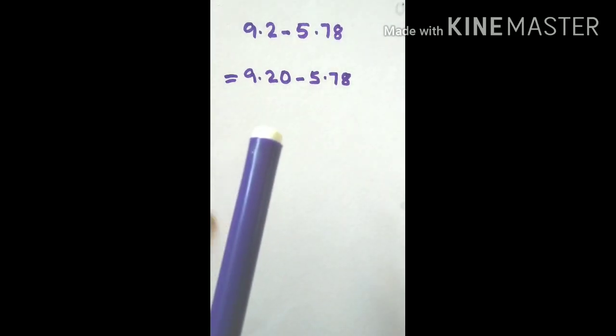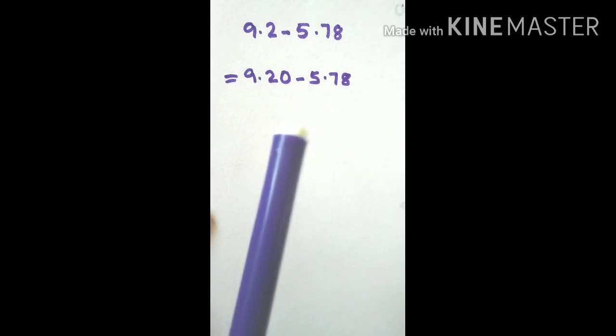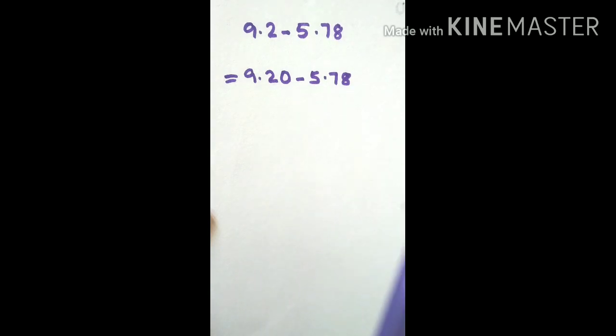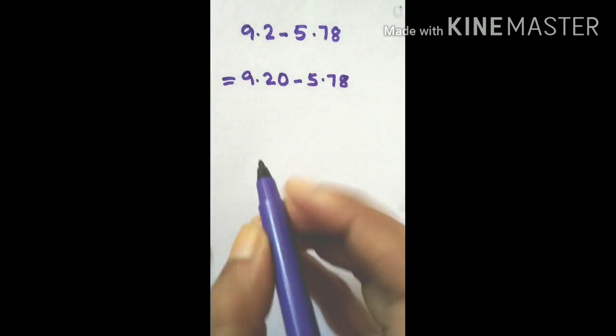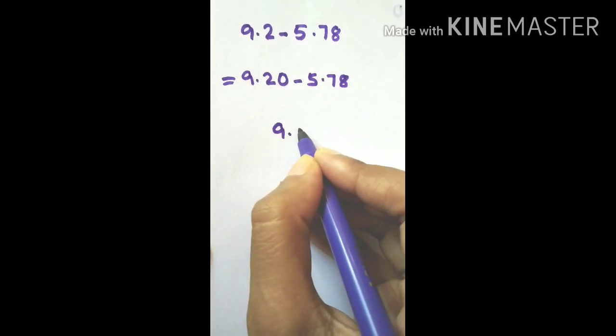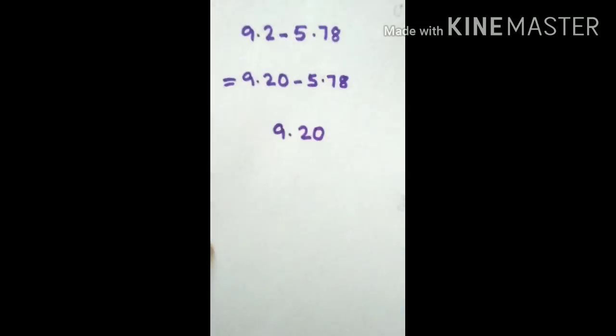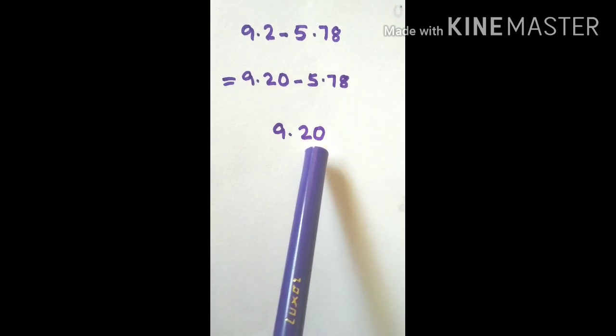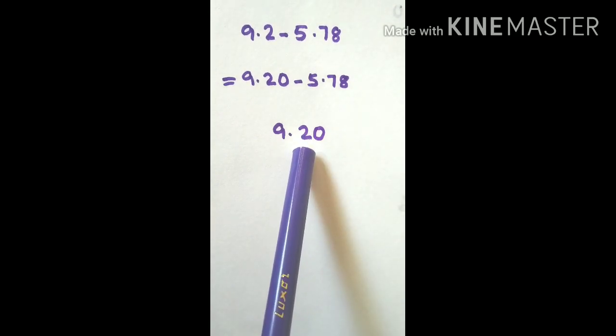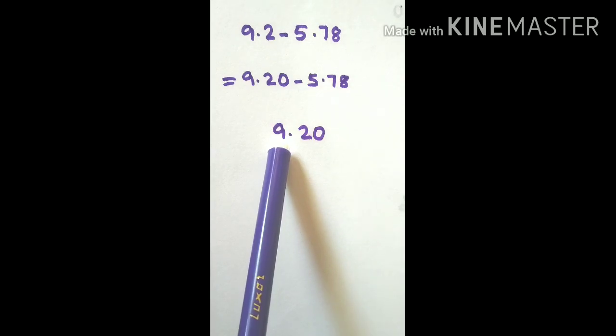So now they are like decimals and now we can subtract them easily. In order to subtract them, we will first write 9.20. In 9.20, 0 is in the hundredths place, 2 is in the tenths place and 9 is in the ones place.